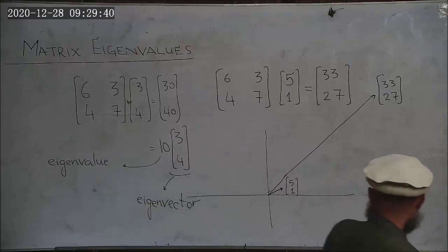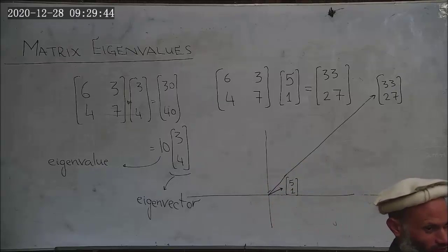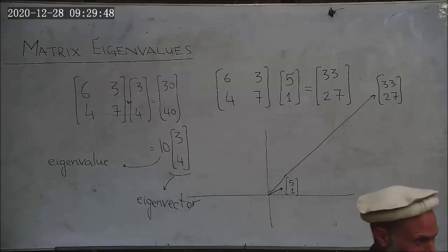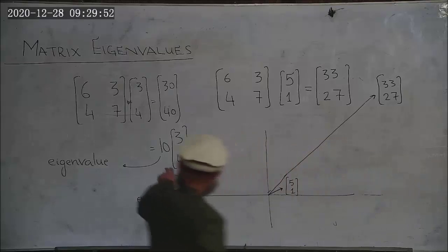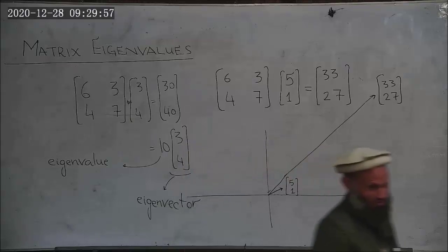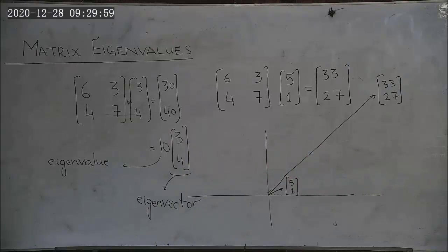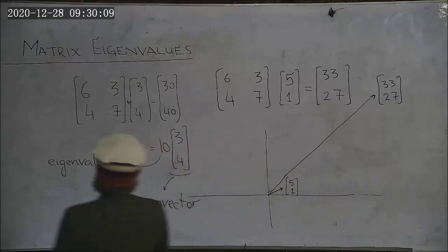So eigenvectors corresponding to a matrix are vectors which when multiplied by that matrix will only produce scaling in that vector, and the corresponding numerical value, scalar, is called the eigenvalue of that matrix. Eigen is a German word which means self or own. Eigen means own, my own values of this matrix.